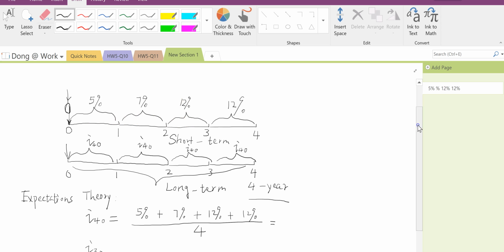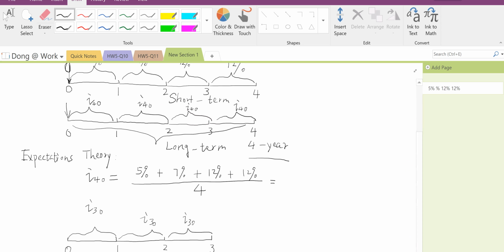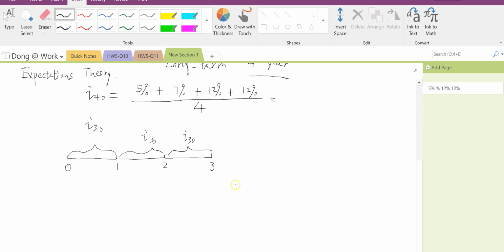So now the relationship based on the expectations theory between I30. Again, this 0 here stands for where you stand. You stand at this time 0, so that's why we have 0 here. When you stand here, Y1, T1, then look to the future, then you only have a 2-year bond.